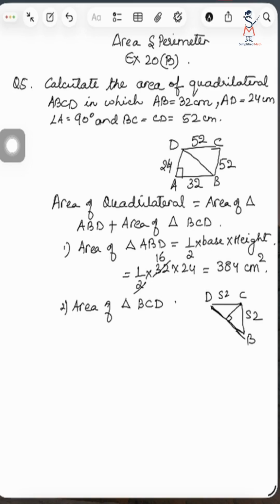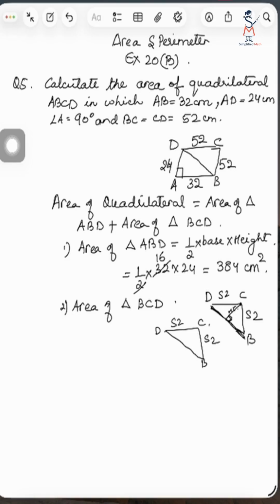We can apply that rule also. First we will find BD with the help of ABD, and then use that to find the height. But here I am using the scalene triangle formula, that is Heron's formula.